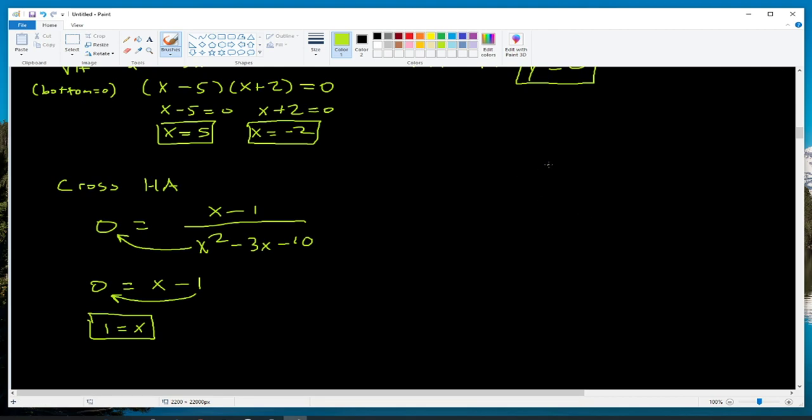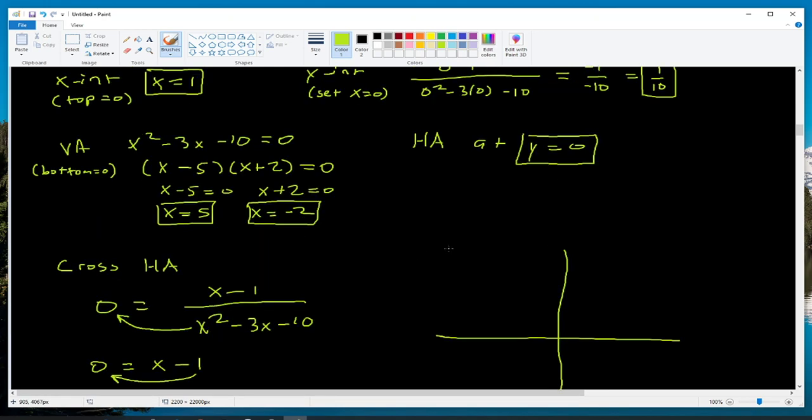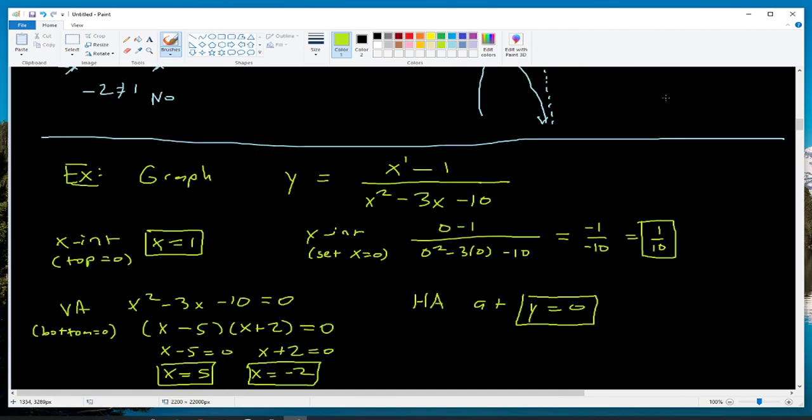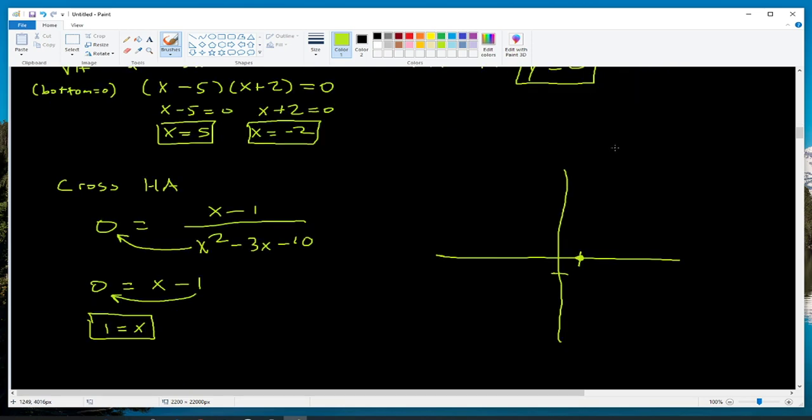So now I'm going to just go through and try to graph all this stuff. Okay, so there's our graph. We got an x-intercept at x equals 1. We have a y-intercept at 1/10, so that's right here.